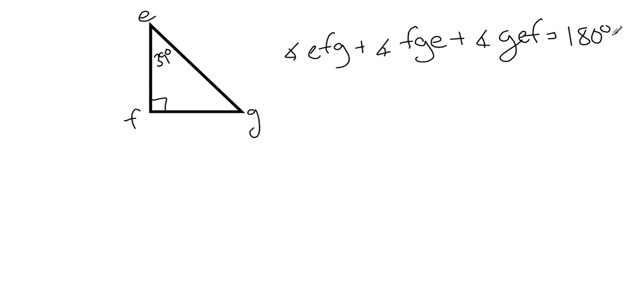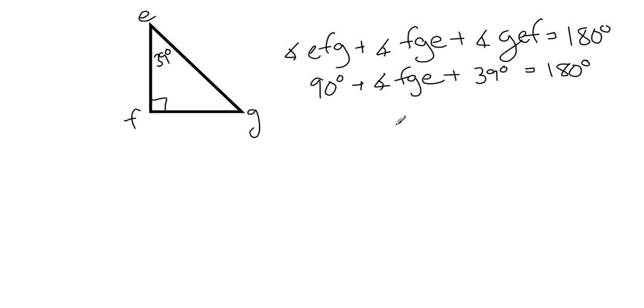So I'm going to be a little sloppy. I'm just going to write them down below. Okay, so angle EFG we know is 90 degrees, right there, plus FGE, FGE we don't know, plus GEF we do know, and that's 39 degrees equals 180 degrees.